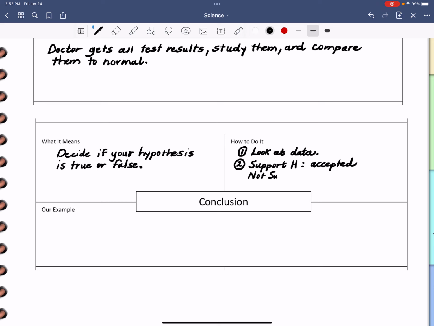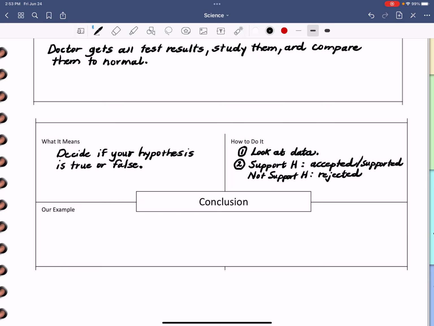If there's no support for your hypothesis, you will reject the hypothesis. So it's either accepted or supported or rejected. I think supported is a better word here. You either support or reject your hypothesis.